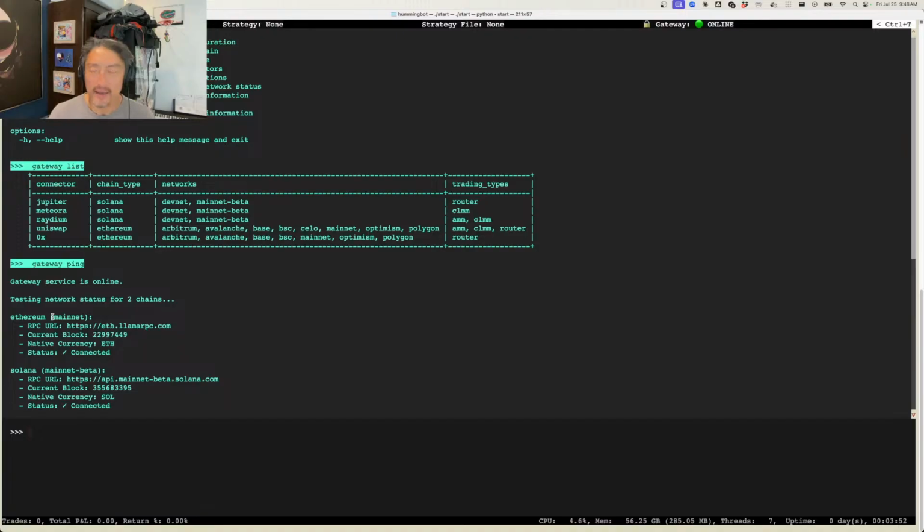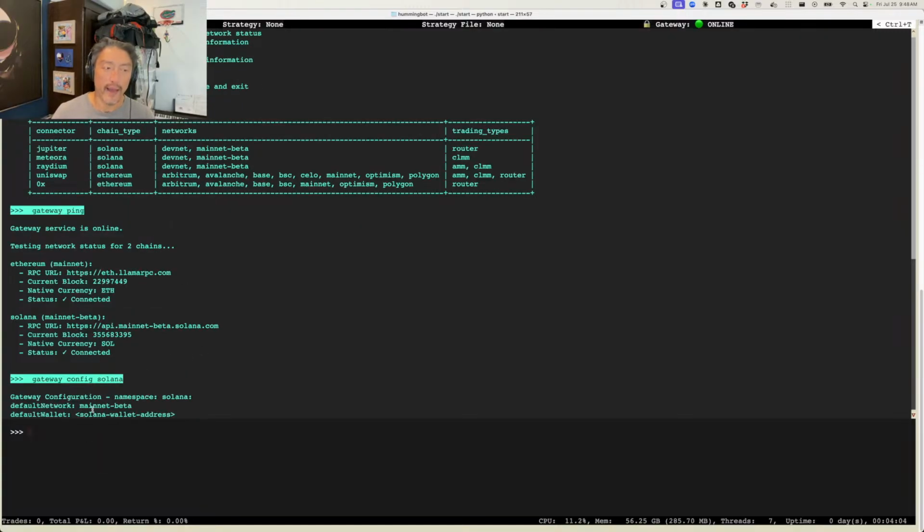To make it easy to interact with a blockchain, you just specify for every chain what the default wallet and the default network are. For example, for Solana right now, my default network is mainnet-beta, and my default wallet is the placeholder text here, and the same for Ethereum.